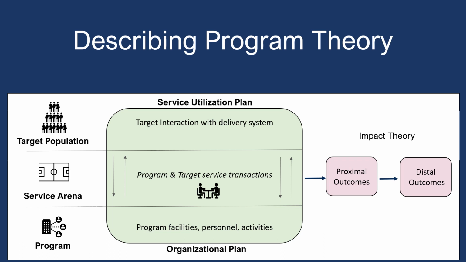And in between, like I said, the program and the target population engage in service transactions. The program is offering, the target population is receiving, and sometimes if the program is looking to revise itself, there may be a small amount where the target population is also giving back to the program.